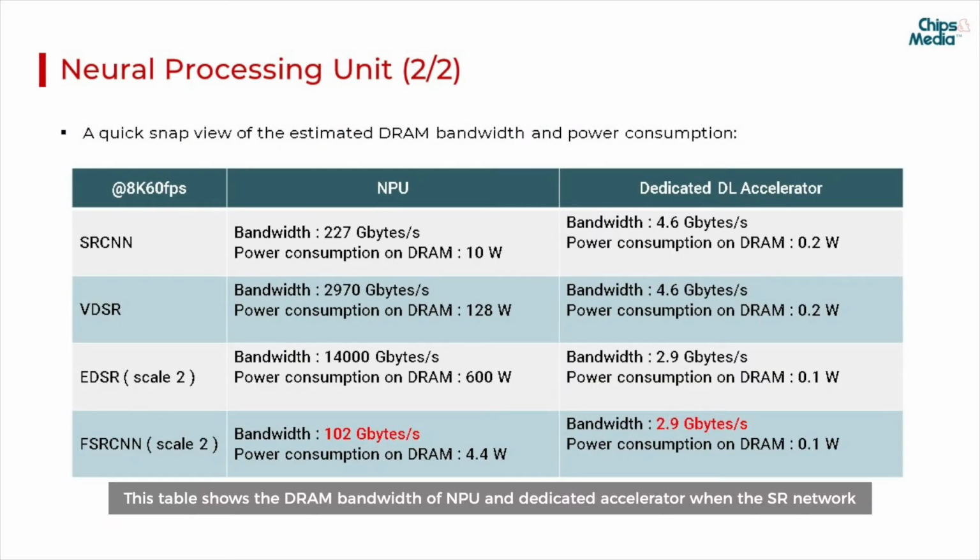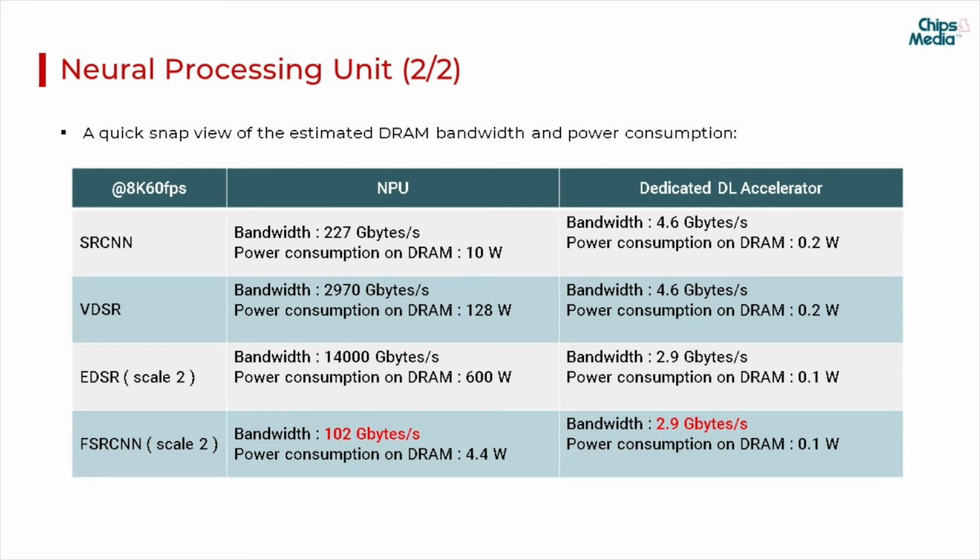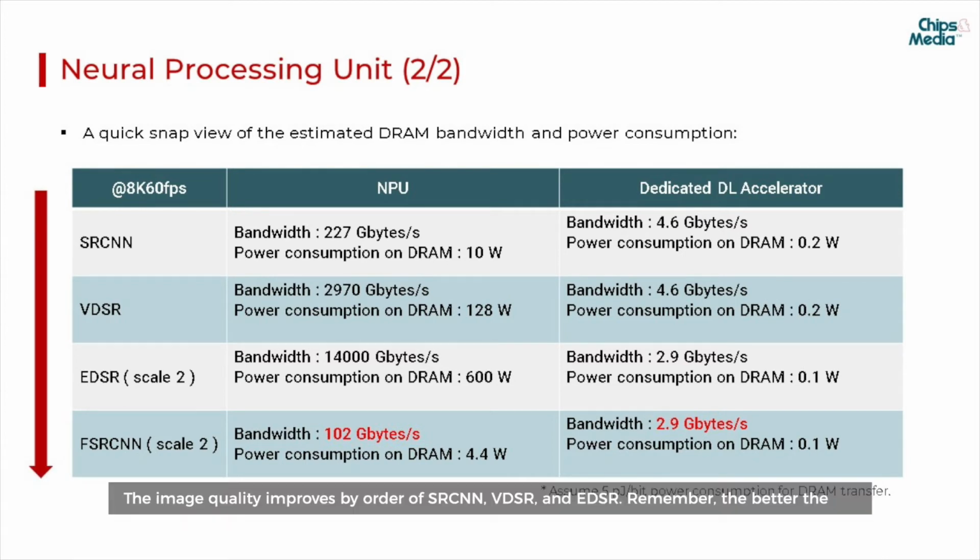This table shows the DRAM bandwidth of NPU and dedicated accelerator when the SR network is used to generate 60 frames per second. The image quality improves by order of SR-CNN, VDSR, and EDSR. Remember, the better the image quality network it is, the more exponential bandwidth in NPU.